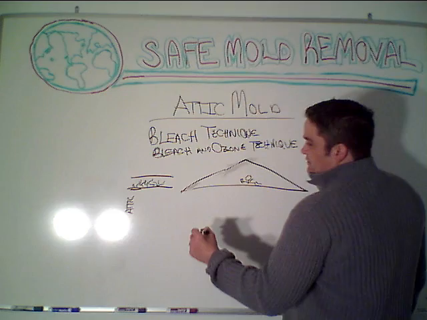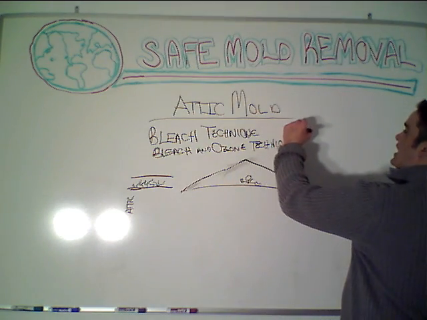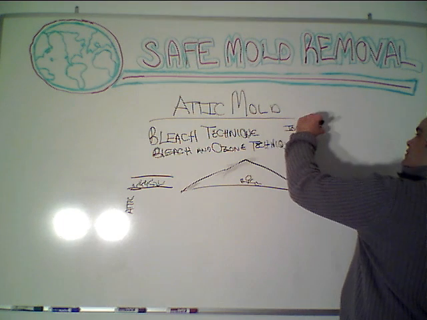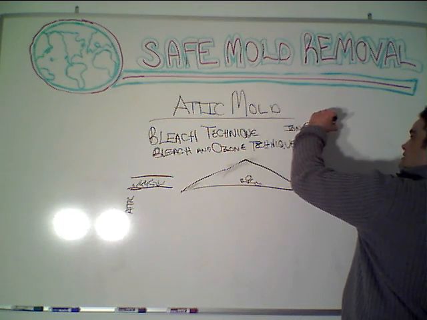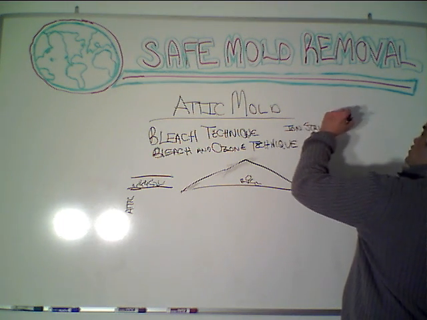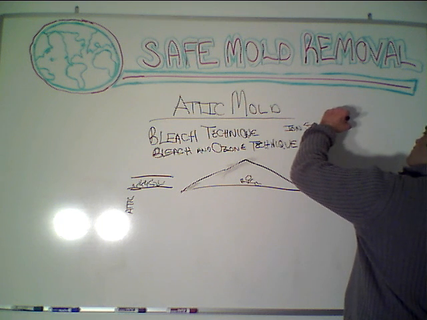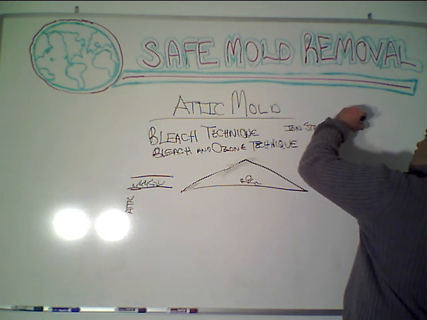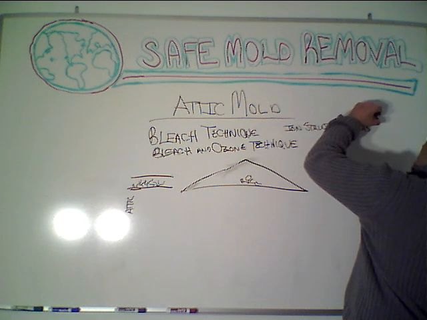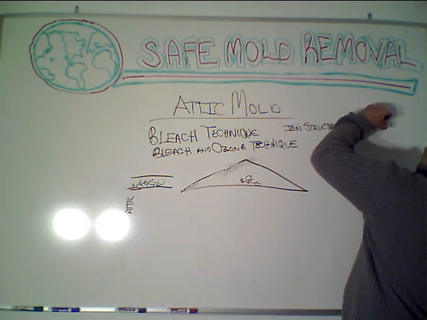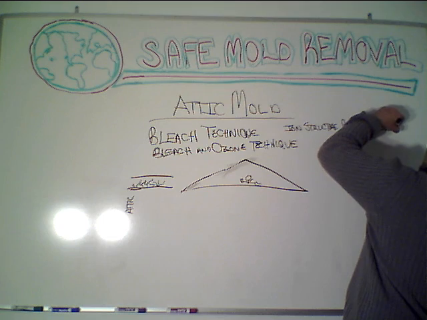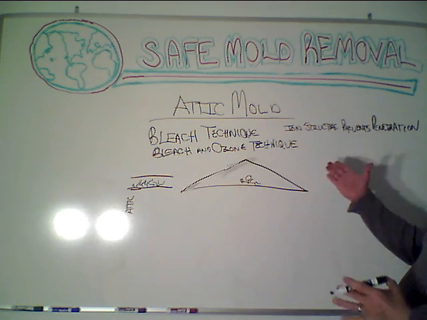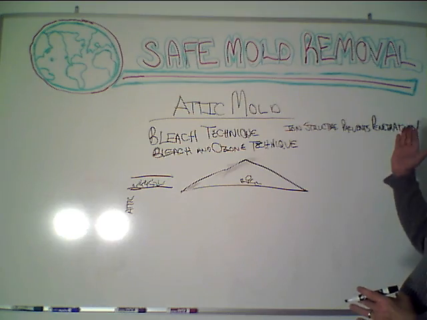Now, bleach, folks, it has an ion structure that prevents the chlorine from penetrating a porous substrate. So it prevents penetration of the porous substrate.